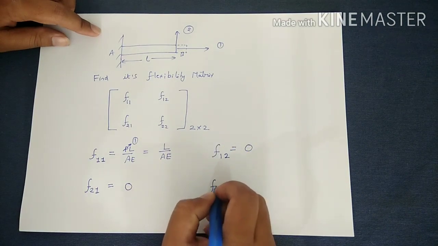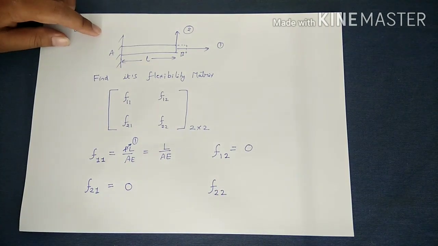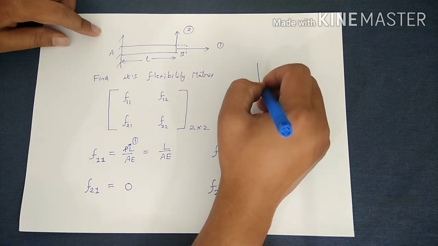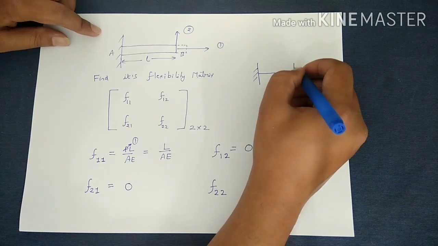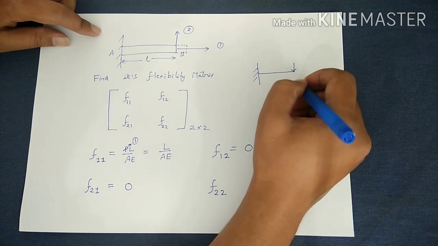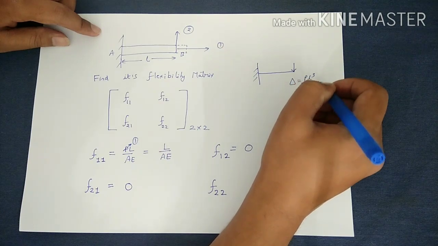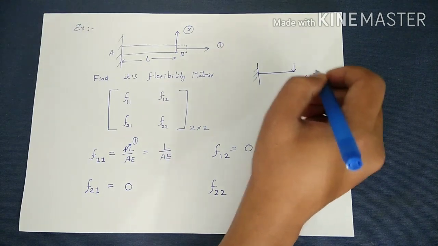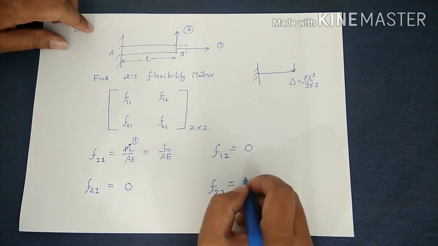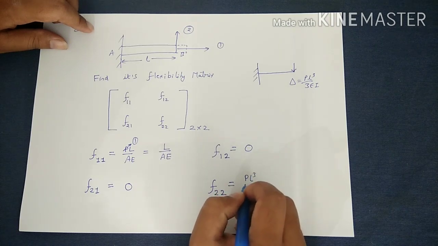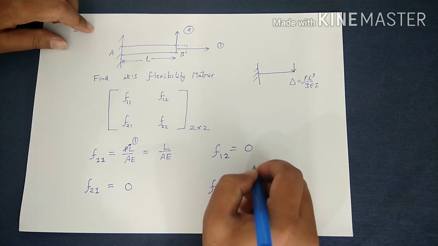Now, to find flexibility at 2 due to unit load applied at 2, we know that a cantilever beam subjected to force at its end deflects by PL cube by 3EI. That's why in this case it will deflect PL cube by 3EI, where P is 1.